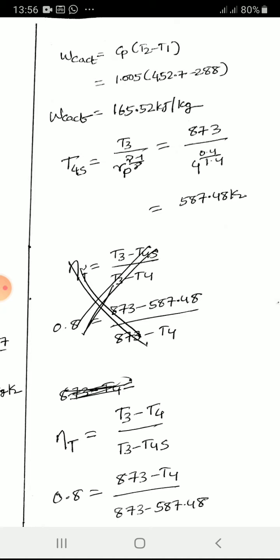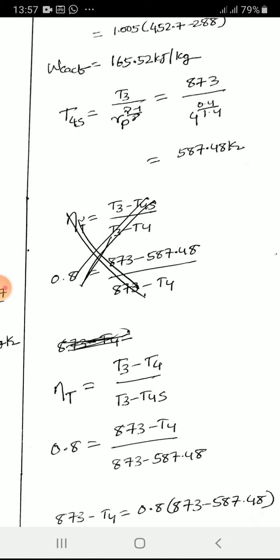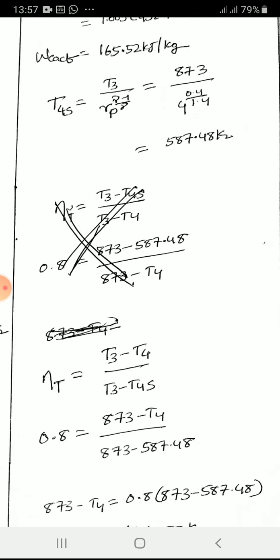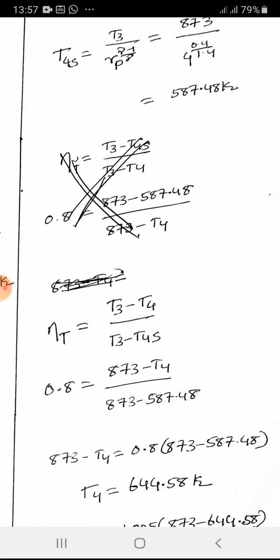Now we have to find the temperature after isentropic expansion. So the temperature after isentropic expansion, T4s, will be equal to T3 by Rp power gamma minus 1 by gamma, which will be equal to 587.448 Kelvin. So that is the temperature after isentropic expansion, right?